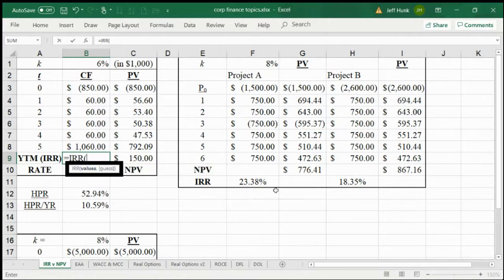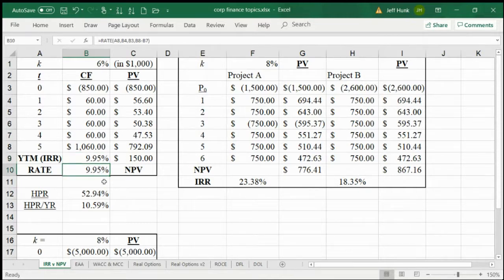Then all you need to do is highlight that contiguous range of input data, which are the cash flows, close the parenthesis, and enter. Okay, and it gives you 9.95.